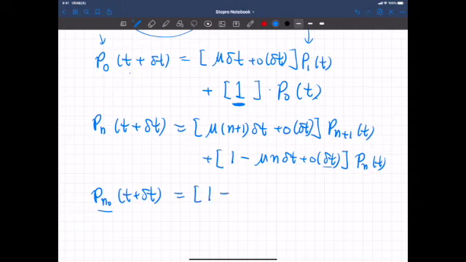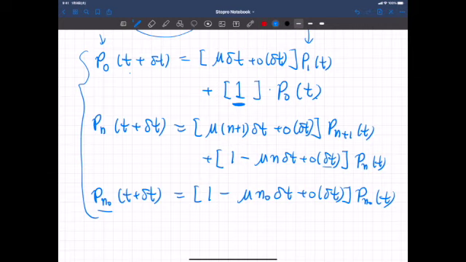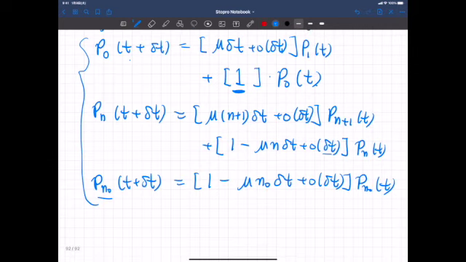So that would be 1 minus mu n0 times delta t, times Pn0 of t. So we actually have 3 equations here, where the population size is the same as the initial size, or the population size is 0, or somewhere in between. So this n should be greater than 0 and less than n0.